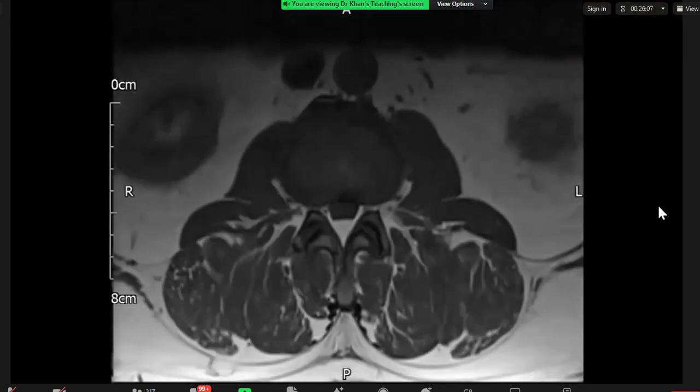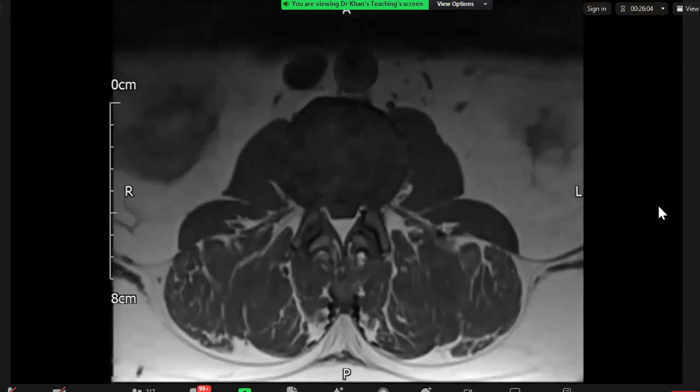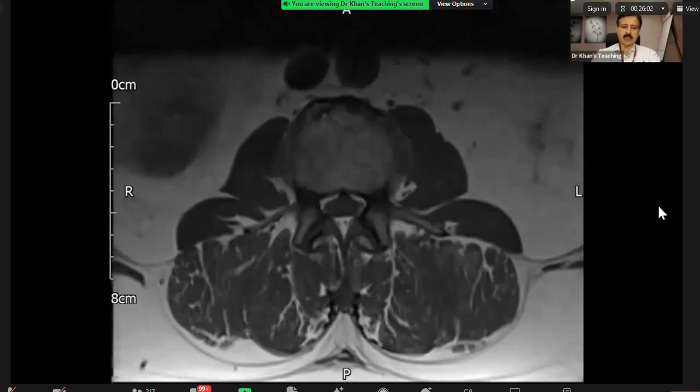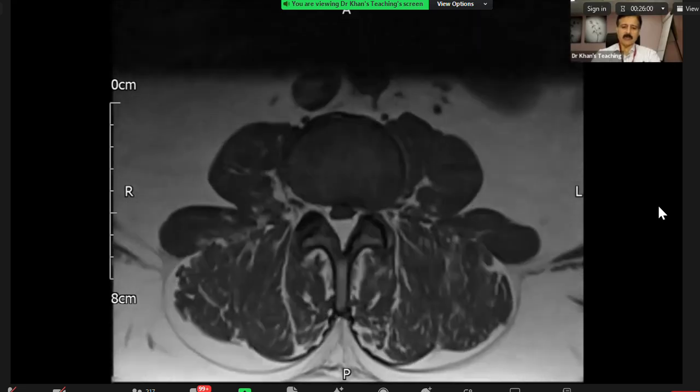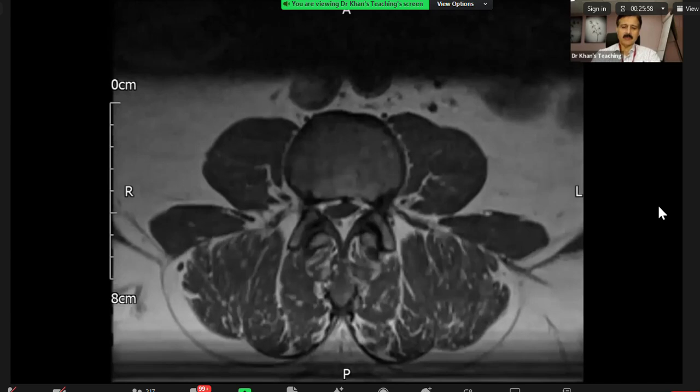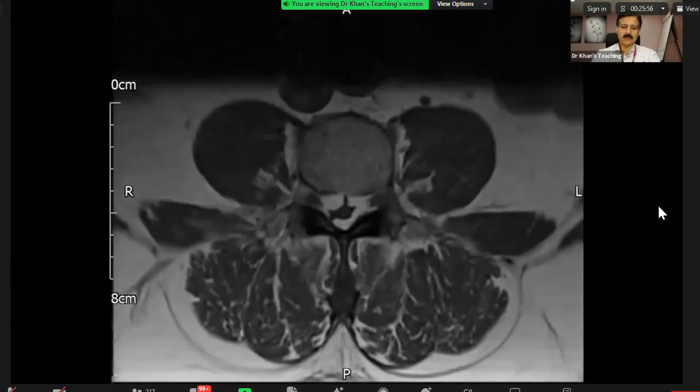So axial now. Look at the thecal sac. Keep looking at the thecal sac. Please continue now to the next series.